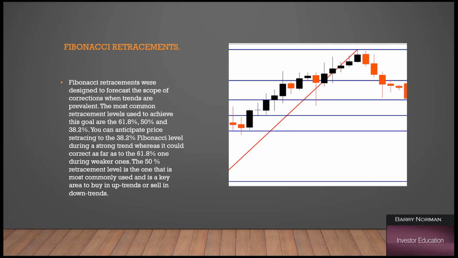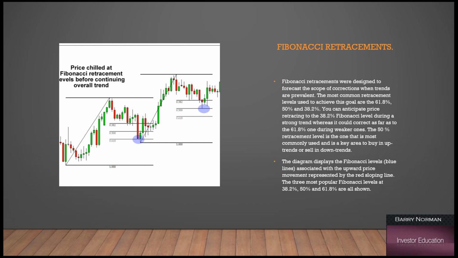Fibonacci retracements were designed to forecast the scope of the correction when trends are prevalent. Because, again, you're looking at your charts. You're looking for patterns and interpretation of these patterns within your charts. Chart analysis.